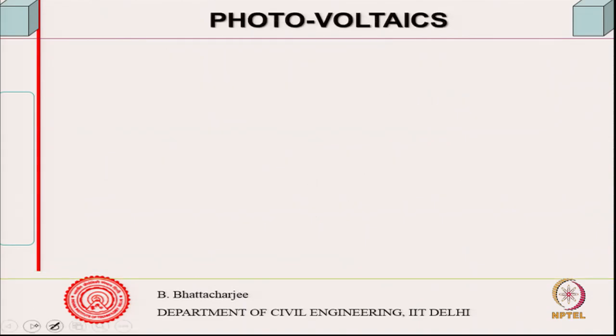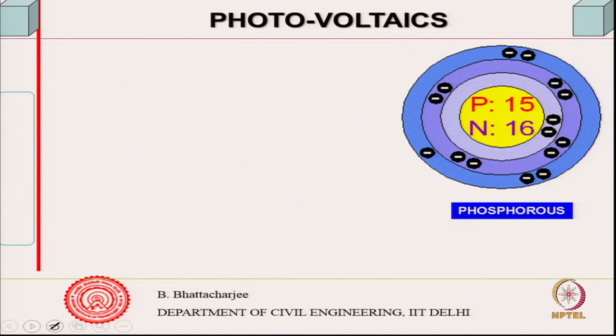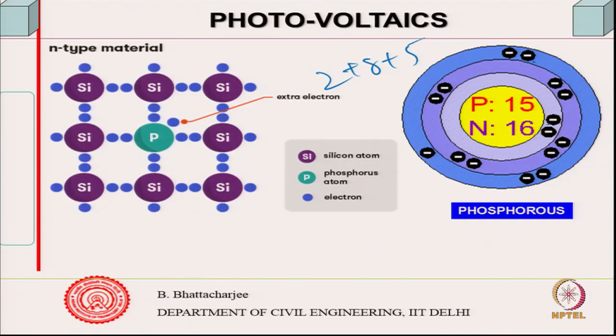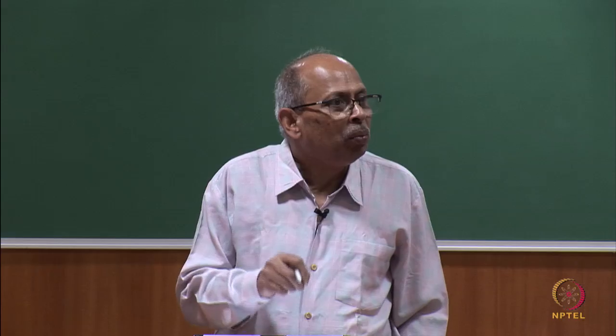Similarly, if I have phosphorus, which is atomic number 15, so 2, 8 plus 5, in the outer shell it has 5 electrons, and if I put in just 1 phosphorus, I have an extra electron there, and again this is also electrically neutral. So, in the earlier case I had 1 less electron, here I have 1 more electron.